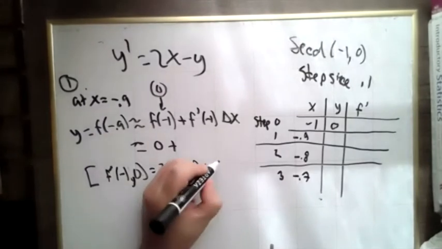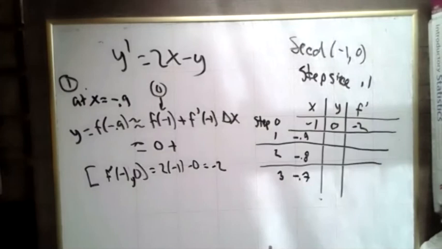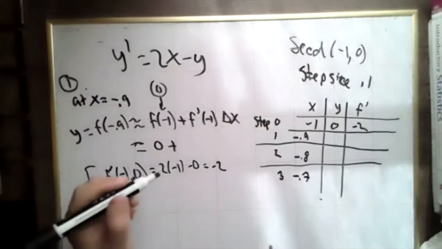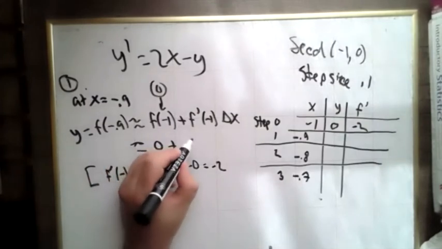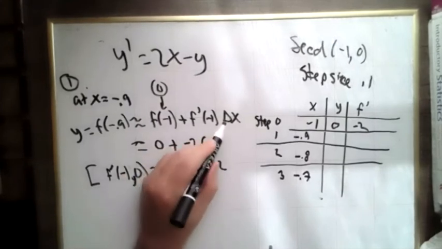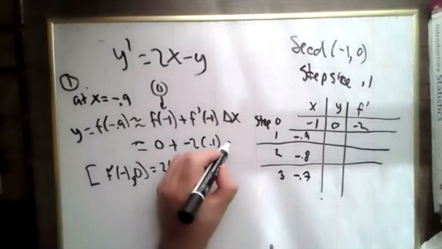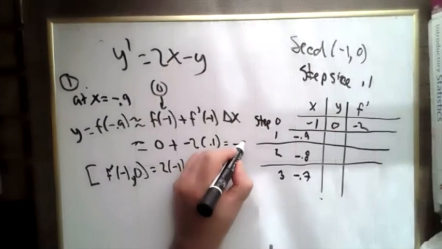Was that -2? You guys correct me if you see me make any mistakes here. I'm doing all this by hand. So -2 times my step size, 0.1. So I think that's -0.2.